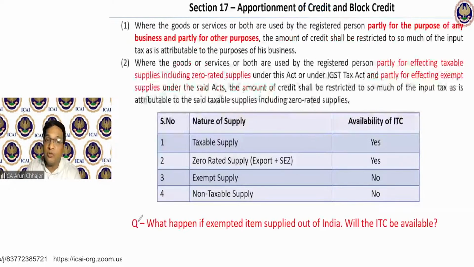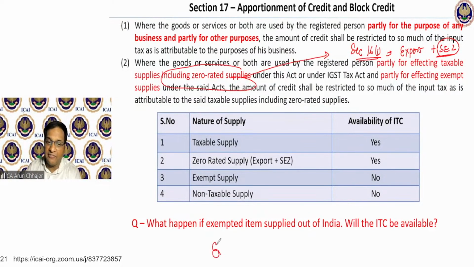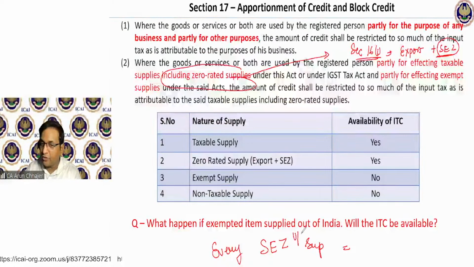Now, zero rated supplies. What is the zero rated supply? Section 16, subsection 1 of the IGST Act says there are two types of supply. One is export and one is SEZ. My dear friends, my question to all of you: is every SEZ supply to the unit or developer a zero rated supply?